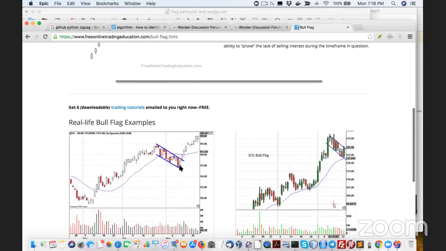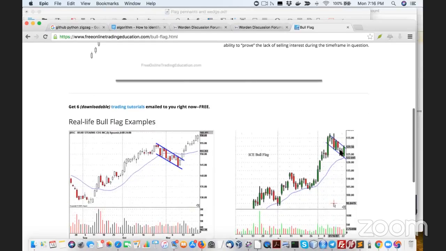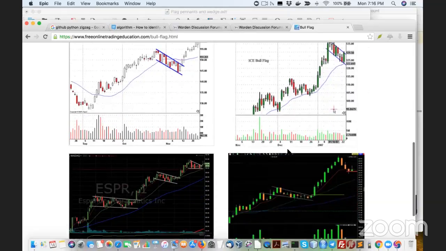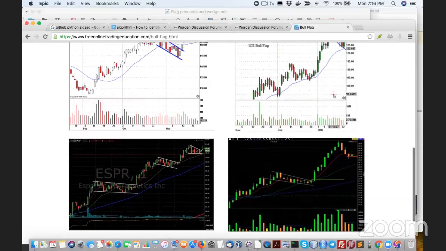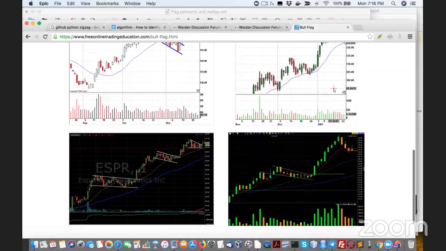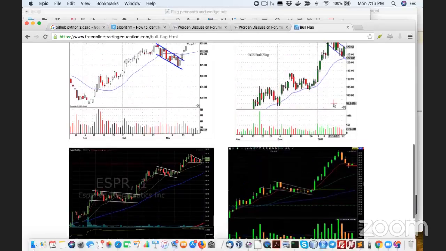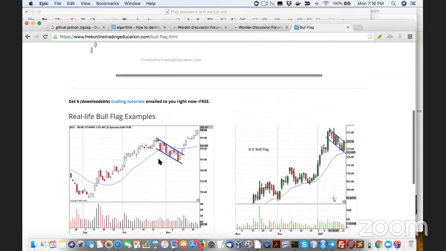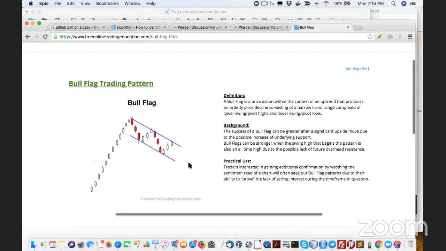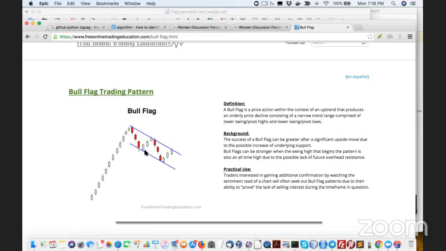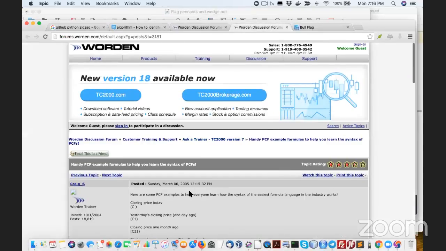And this is what a bull flag looks like. It's a smart way to say you're going to have, historically, a high probability of an upward move. So if you take those set of rules, you could get one way to filter out the bad trades just using the condition I just showed you at this link.